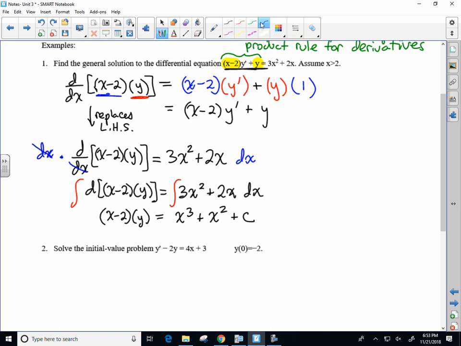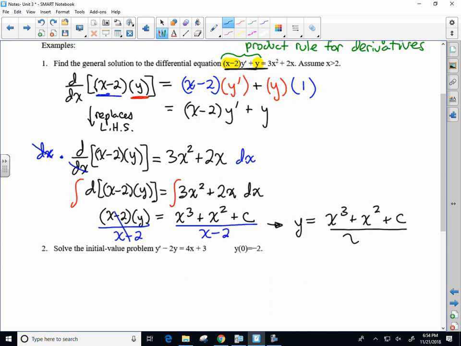I want to get y alone, that's the whole point. And so what I have now is my solution where y is equal to x cubed plus x squared plus c over x minus 2. And that is the solution to the first degree linear or linear differential equation.